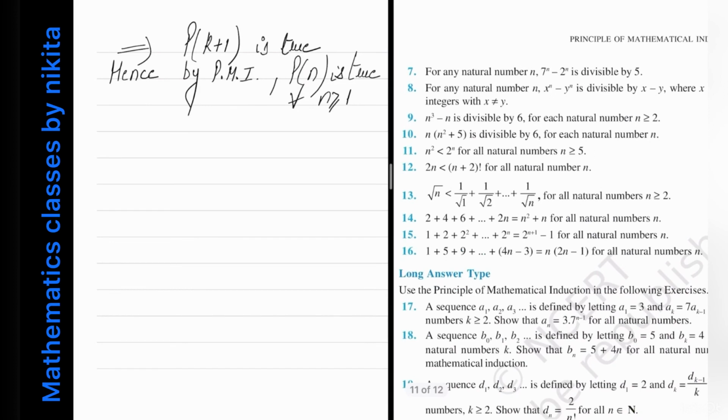Question number 7. For any natural number n, 7 to the power n minus 2 to the power n is divisible by 5. So let P of n be the statement that 7 to the power n minus 2 to the power n is divisible by 5.